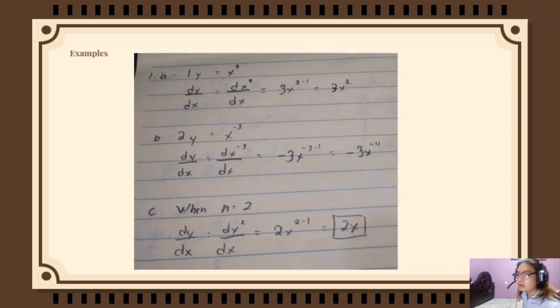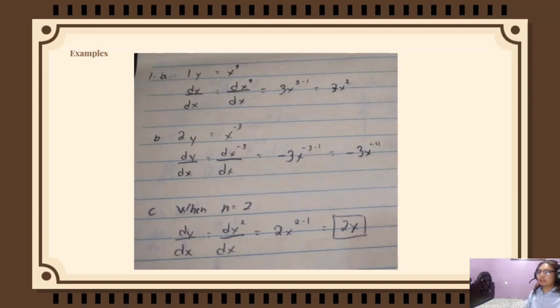What if our n is equal to 2? It's the same. It isn't just a power of x, but our n is now 2. So the derivative of y with respect to x is equal to the derivative of x squared over the derivative of x.